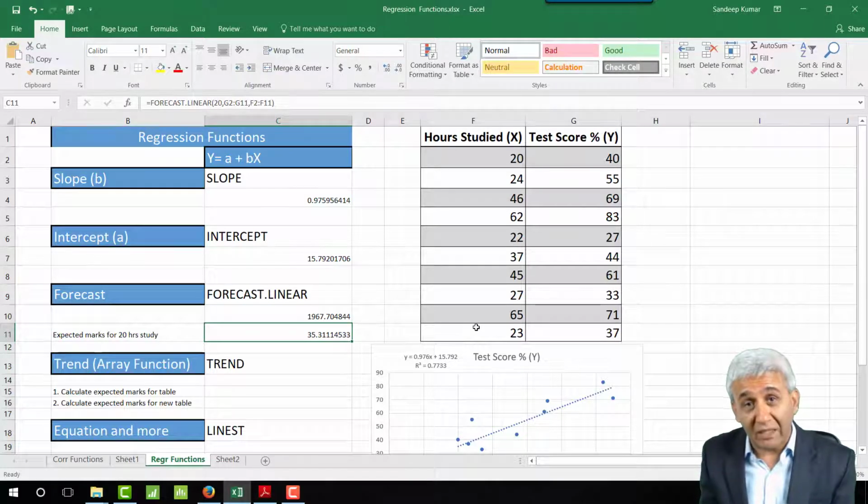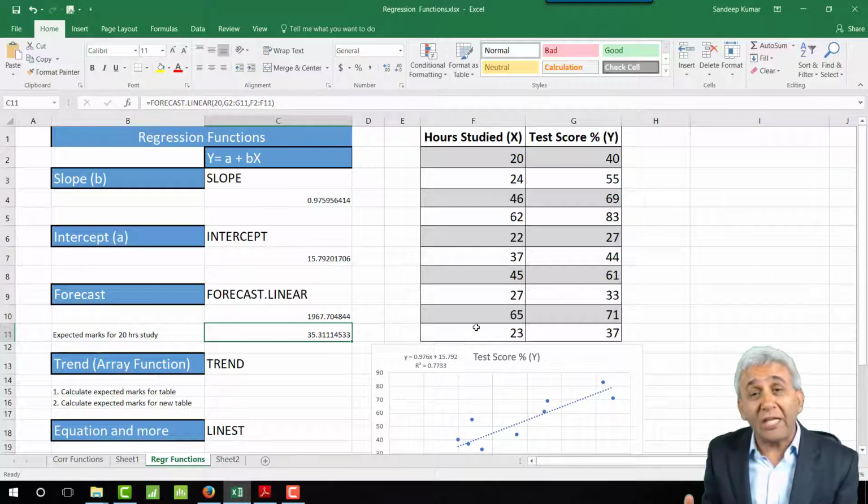That's impractical. One lesson we learn here is that when you are forecasting based on the available data, make sure that your forecast is within the reasonable range in which you have collected the data. You really cannot extrapolate, you cannot extend your point of interest too far from the points which you have.